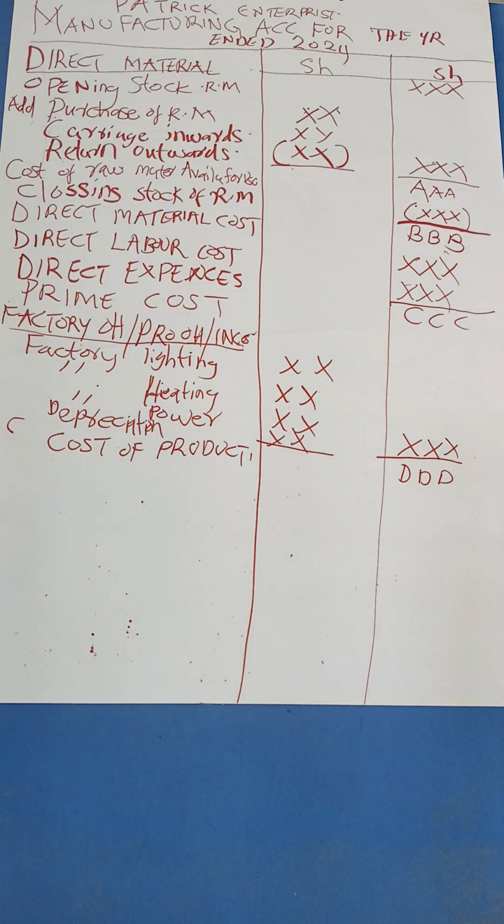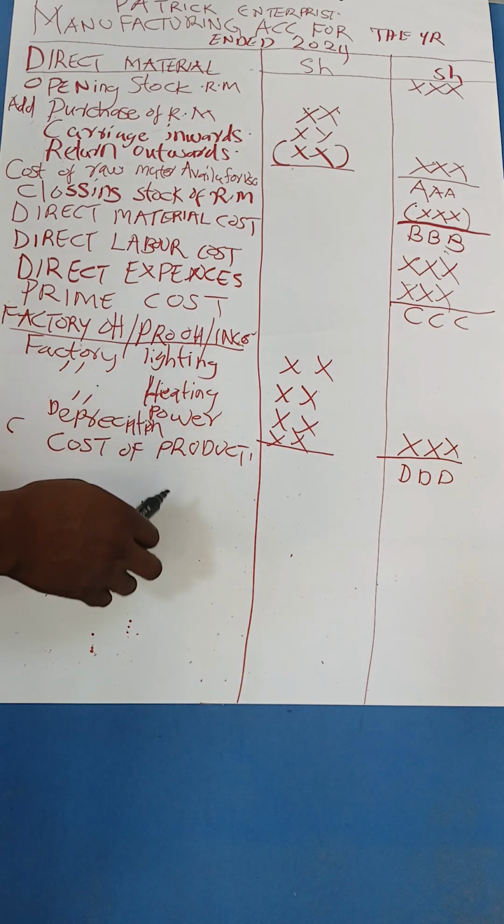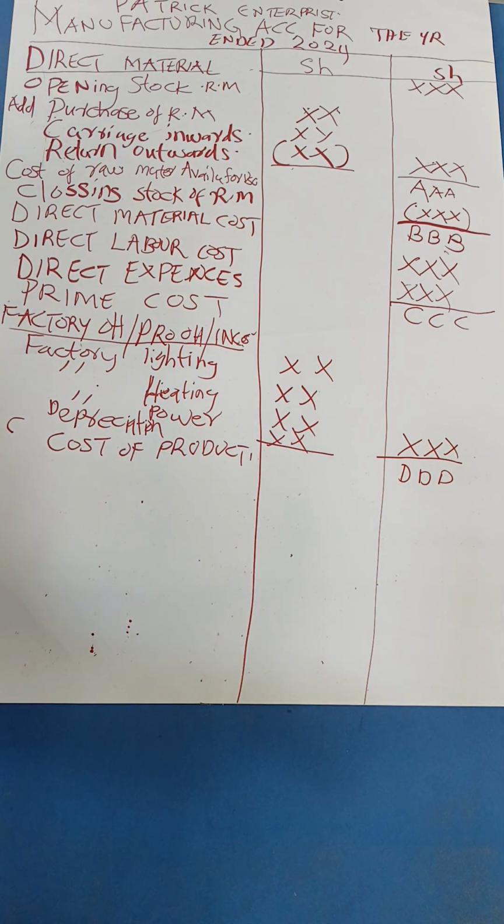Good. Point to note: the factory overheads, the examiner can decide to use in percentage form or in ratio. So in case you get such a question, or in the trial balance or additional information they have used percentage or ratio form, like factory lighting and heating in the ratio of 1, 2, 3 or 2, 3, 4, 5, costing an amount maybe 20,000, we have to do the apportionment.